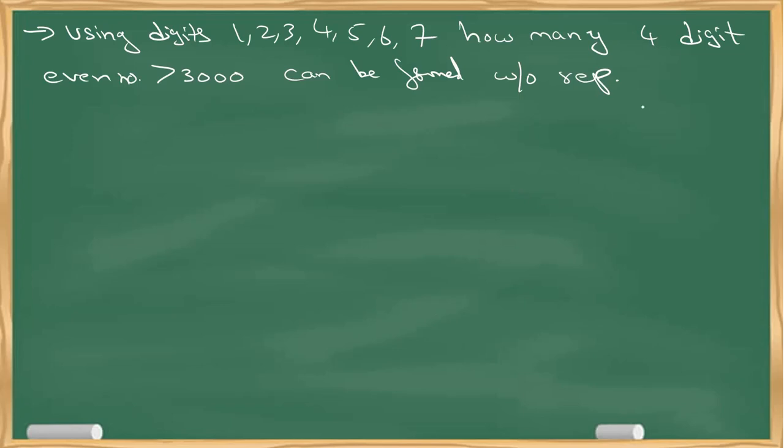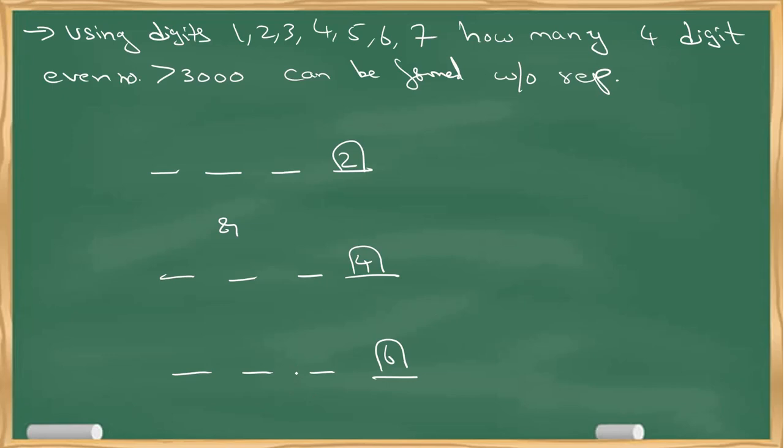You go with your convenience. A 4-digit number is said to be even when it ends with 2, or ends with 4, or ends with 6. That's it. So this is splitting. I am fixing one position. So 2, how many ways can you fix? Only one way. When you are fixing any one particular number, it's always one way. So 4 one way, 6 one way.